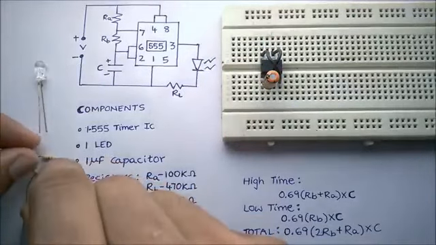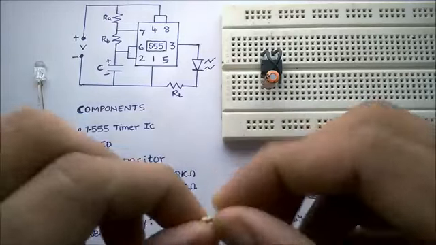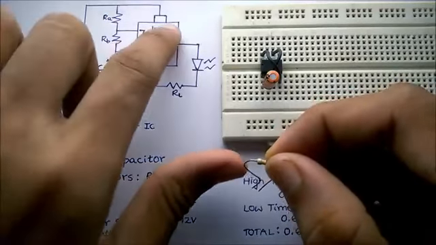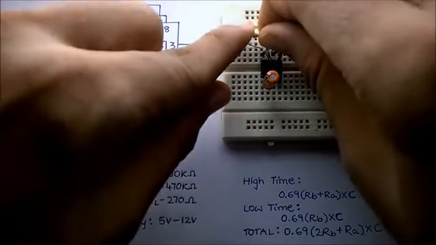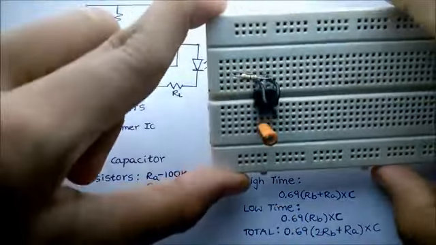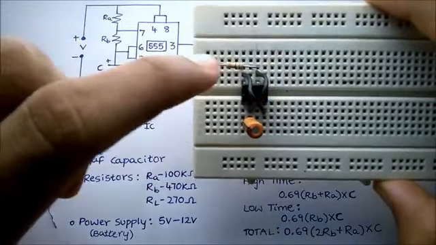Now we will connect the resistor 100 kilo ohms, which is RA, between pin number 7 and pin number 8. So this is pin number 7 and pin number 8.